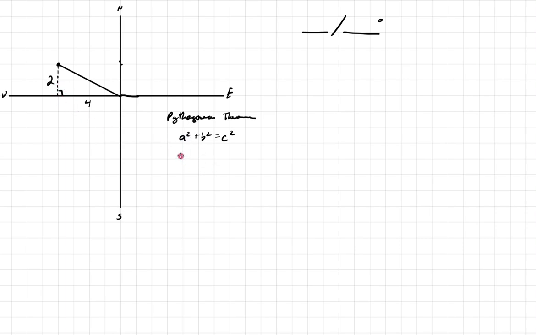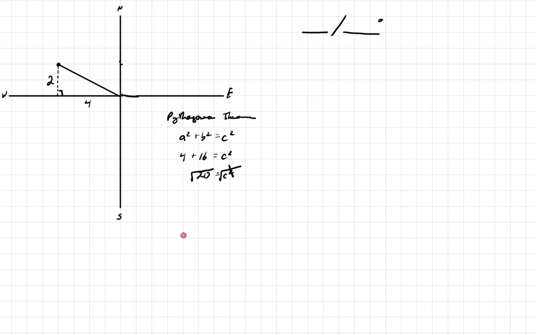So 2 squared is 4, right? And then 4 is the other one. 4 squared is 16. So that equals c squared. We don't know what c squared is yet. So we're going to add these together. That's 20 is equal to c squared. We'll have to get rid of the c squared. Basic math, we undo the square by unsquaring everything.